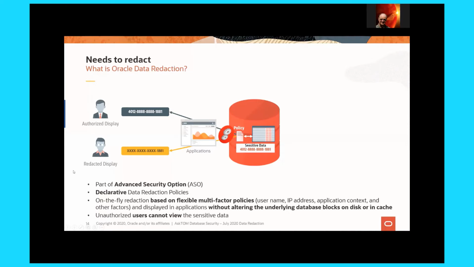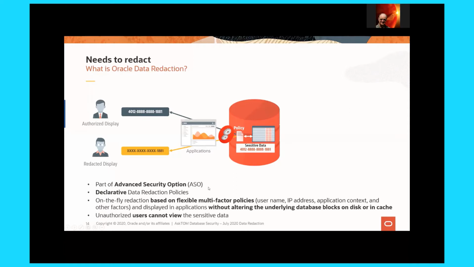That's it. So again, this is a declarative data redaction policy. It means you have to create your own policy for the sensitive data that you want to target and that you want to secure. This is a runtime redaction, so on the fly, we will apply a masking format. And we can base this masking format on several conditions, based on a multi-factor policy, like the username, the IP addresses, or application system context and other factors.